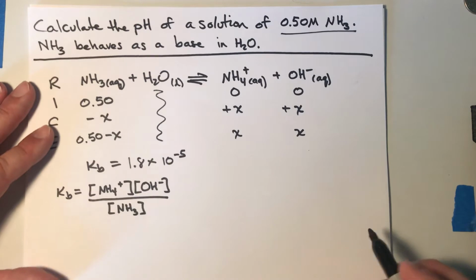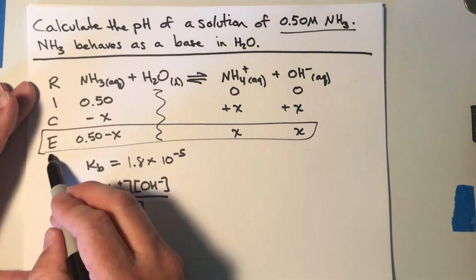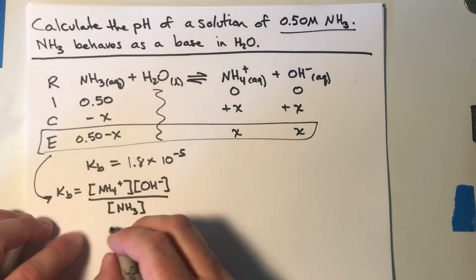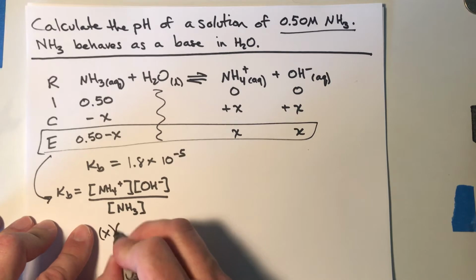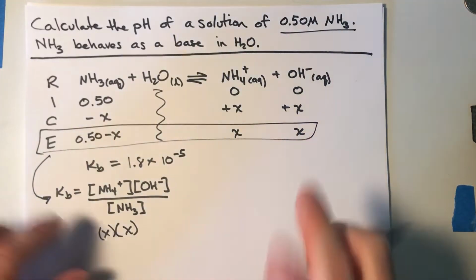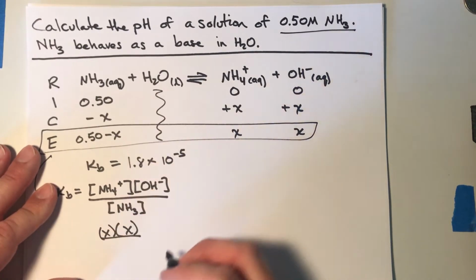All right, so now we're going to plug in. Remember, our equilibrium row gets plugged into our equilibrium expression. So we're going to have x times x, that's the ammonium, that's the hydroxide, over the ammonia.